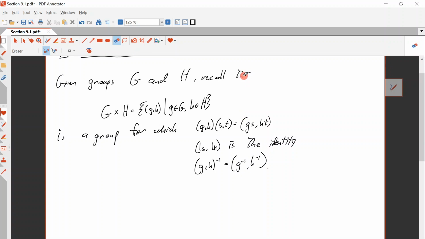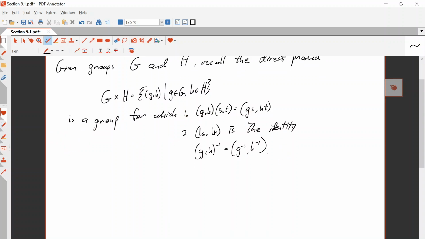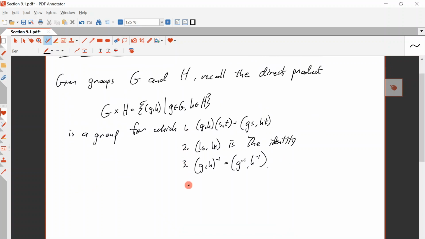So recall the definition: the direct product is a group for which these three properties hold. Of course, you can do this for 3 or more groups.